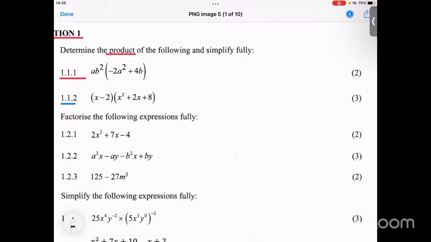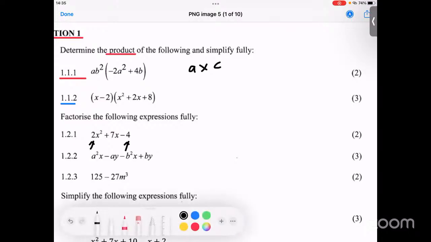I'm not sure if you remember, when we have this type of an expression, the procedure is for you to take that coefficient of x squared and multiply it with that. So that means you take that 2, you multiply, it's like you take A, you multiply it by C. Why am I saying that?